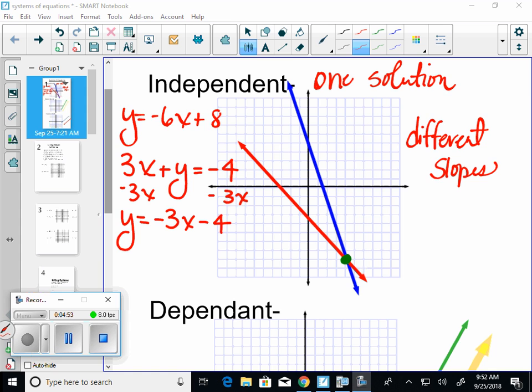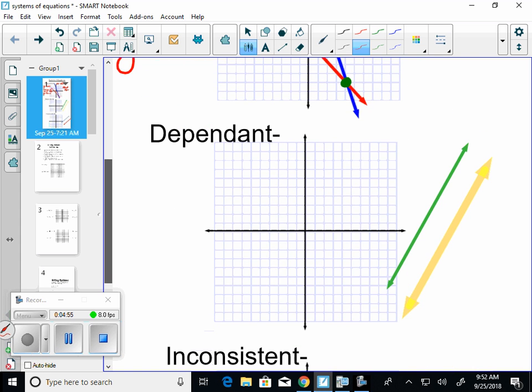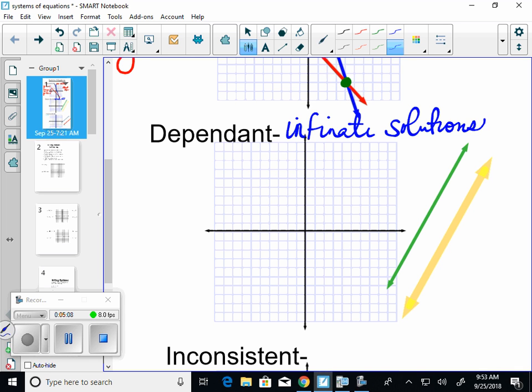All right. Dependent. A system that is dependent will have infinite solutions. If something is infinite, what does that mean to you? Forever, everything. Infinite is everything, yes?